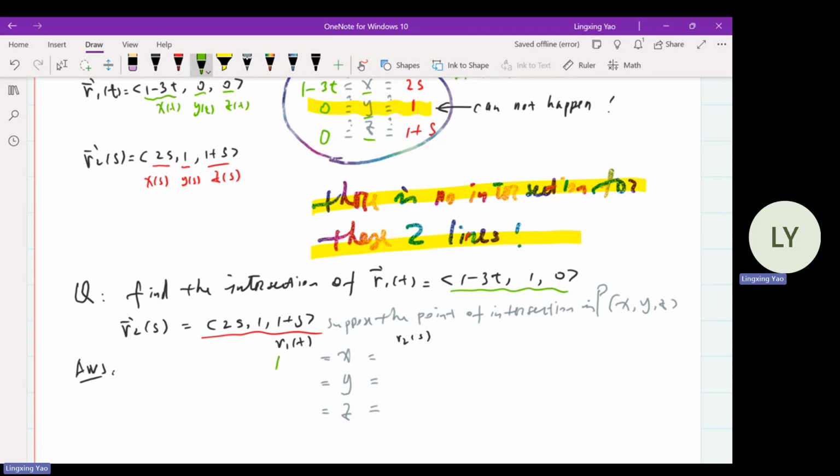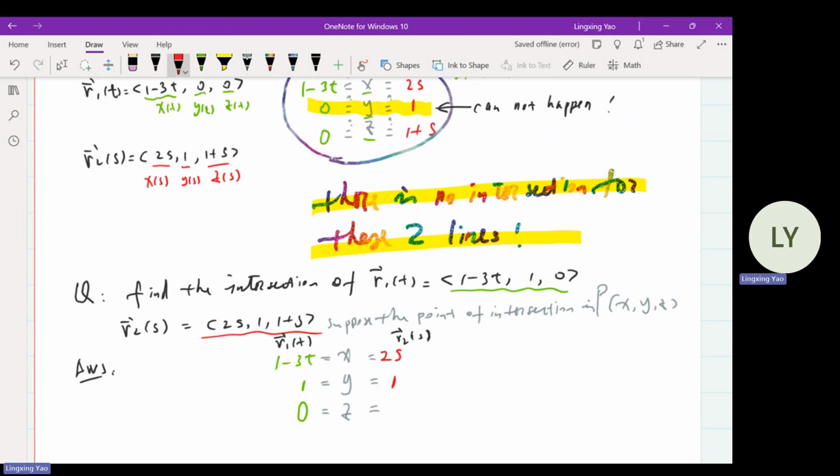So this is 1 minus 3t. This is 2s, and those are the two components for the x coordinate. And for the y, we have 1 on the left of the equation. On the right of the equation, we also have 1. Okay. And on the left for z, we got a 0 from R1 of t. Okay.